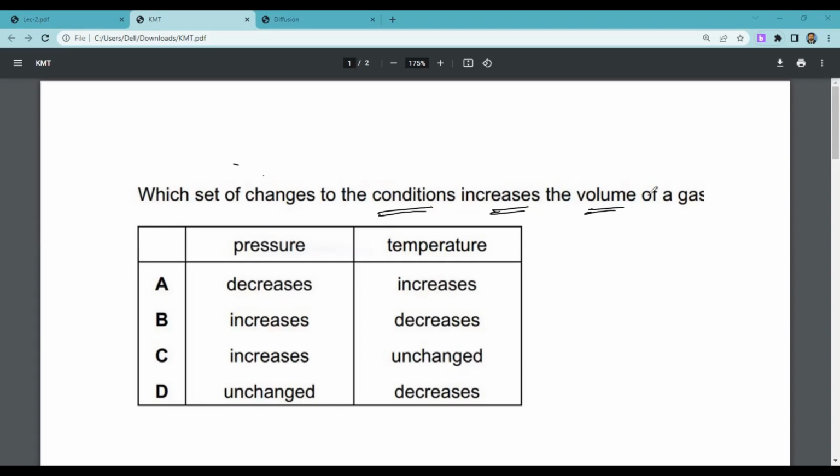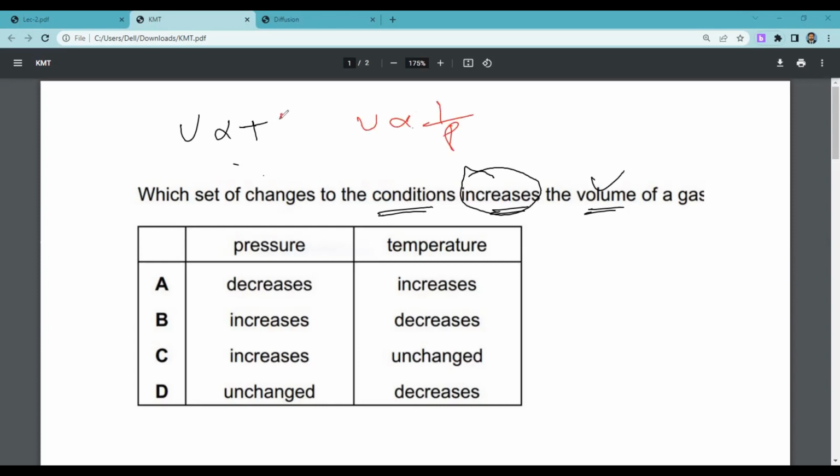He is asking us about the condition which increases the volume of a gas. We know that volume is directly proportional to the temperature and volume is inversely proportional to the pressure.